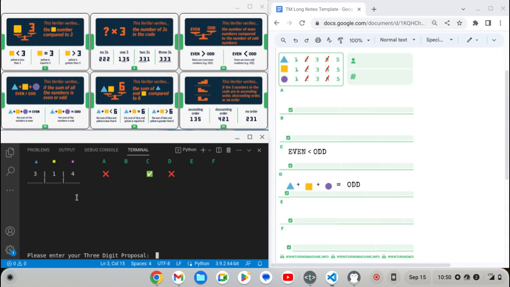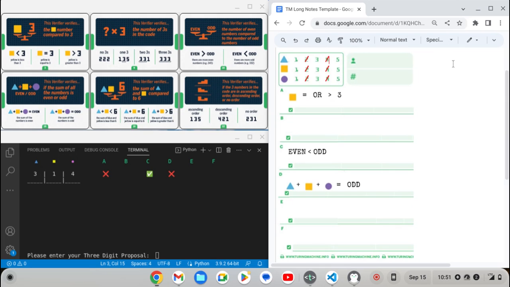Okay, so notice that I did choose a 1 for my squared digit. So that means that no, it's not less than 3. So square should either equal 3 or be greater than 3. Let's go ahead and type that up in our notes, in section A, for criteria card A: square is either equal to or greater than 3.